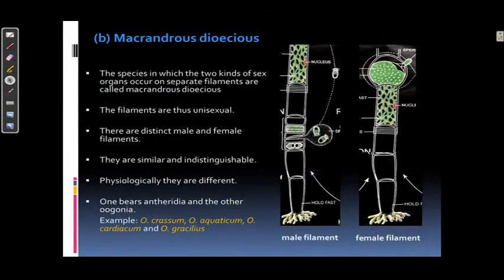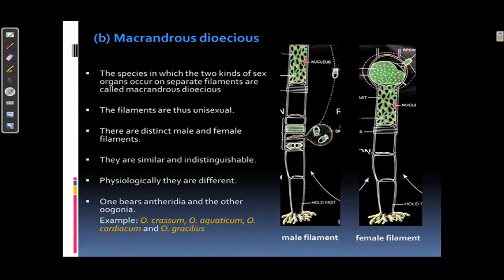Whereas in the other condition, that is macrandrous dioecious condition, we have two plants, male plant and female plant. The male plant bears antheridia and the female plant bears oogonia.